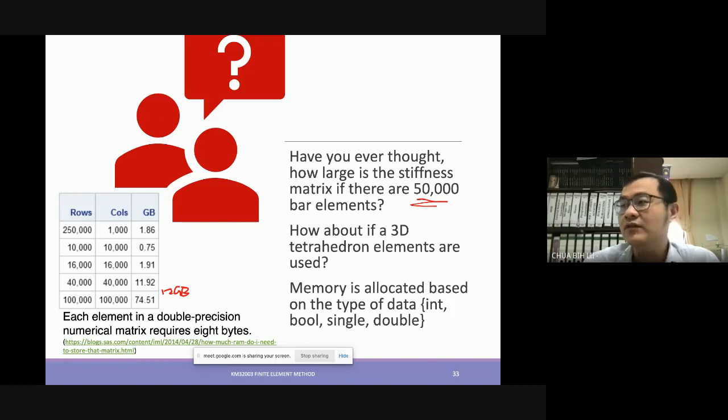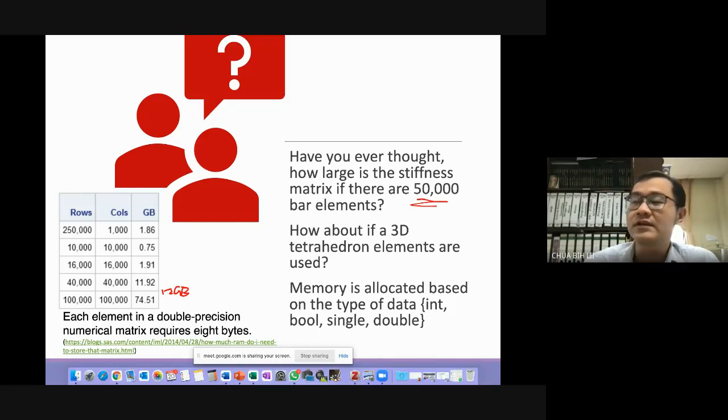If your computer doesn't have 12, what it will do is keep loading, do some process, put it back, and so on. This is how it will affect the performance of your computer during the simulations.